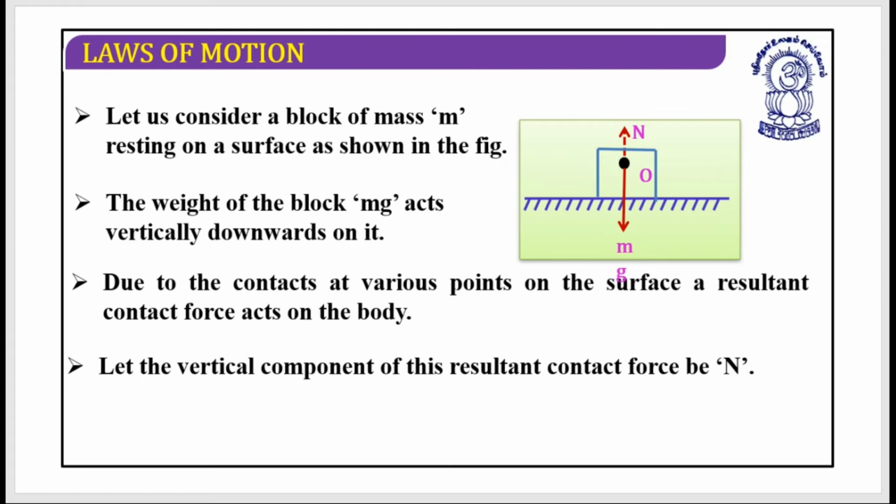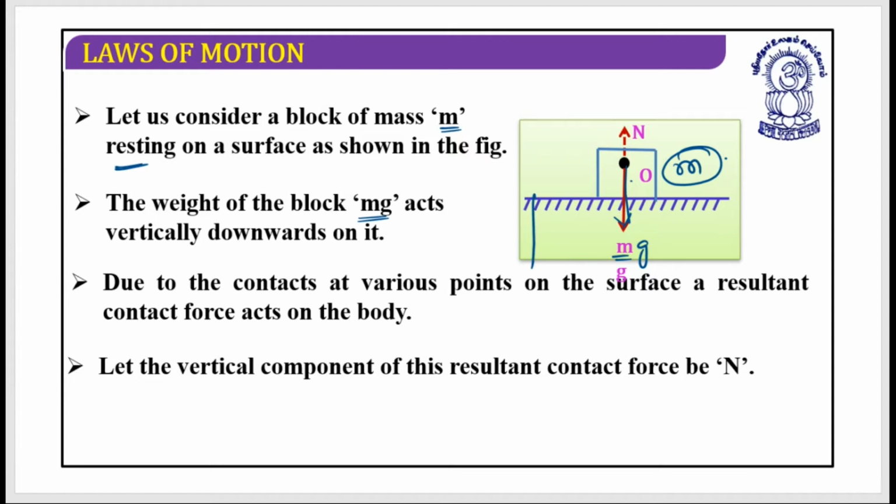Consider a block of mass m resting, that means not moving, on a surface as shown in the figure. Which forces are acting on this system? First, its weight, mg, which acts vertically downward, towards the center of the earth. So this is the m into g force acting on the block.